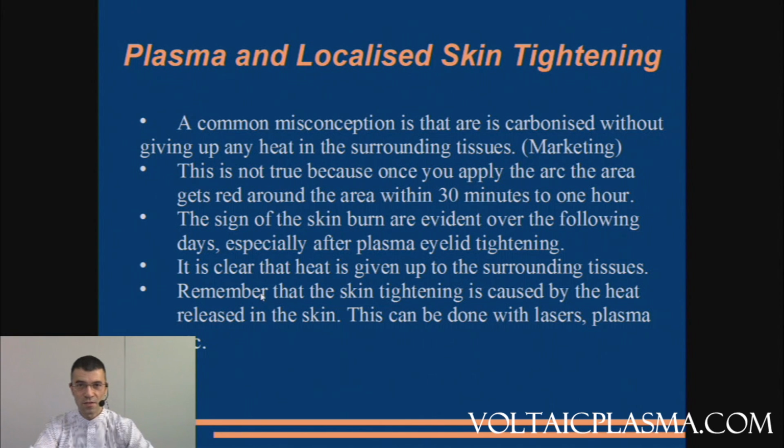With lasers, you have fractionated lasers and CO2 lasers, different types of lasers that work at different wavelengths, but the basic principle in skin tightening or eyelid tightening is the same. That's to say, we are giving up a certain amount of heat into the skin, so you have the collagen regrowth and the skin regeneration, which leads to skin tightening.